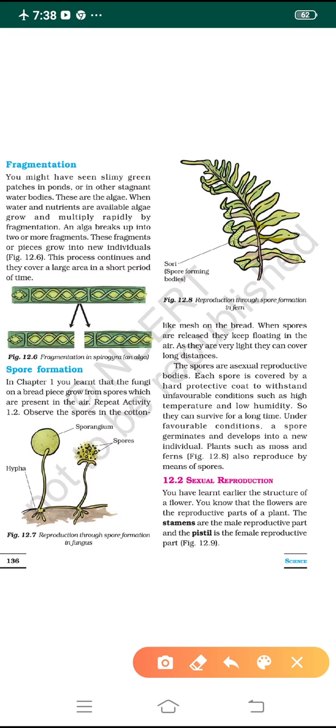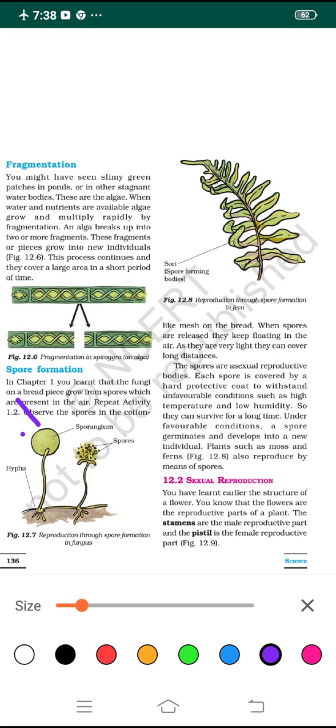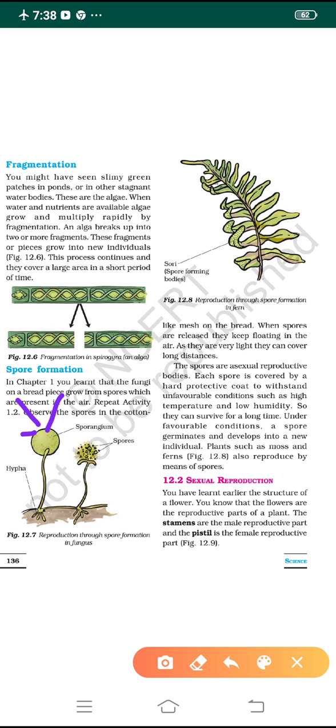If there were no hard protective coat, then in unfavorable conditions due to high temperature or low humidity, the spores could be damaged. So in order to protect and survive themselves, they have a hard protective coat.